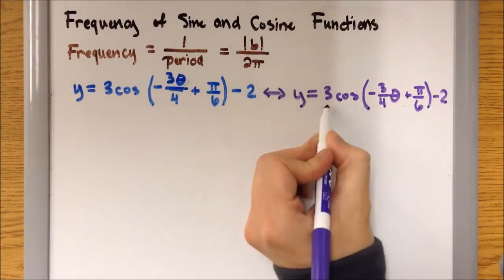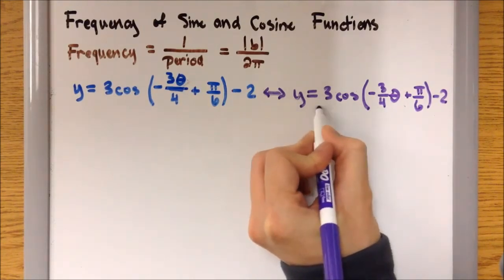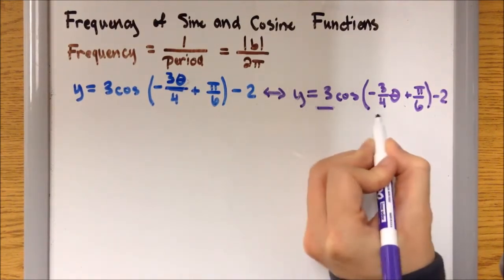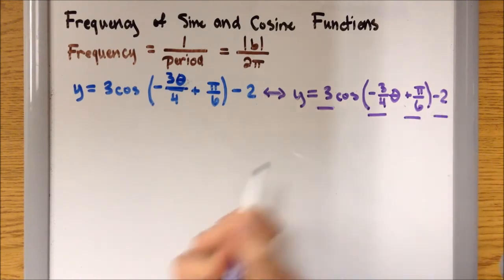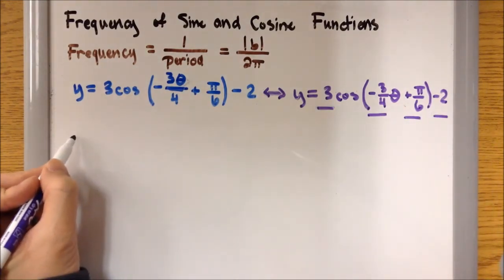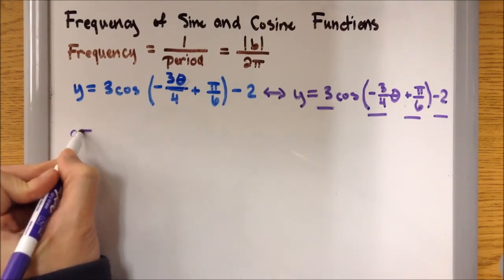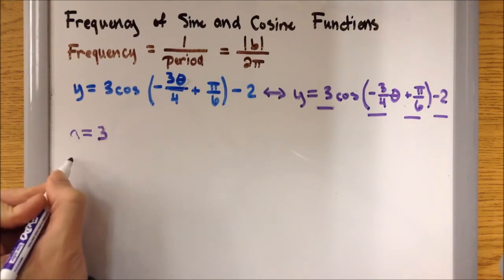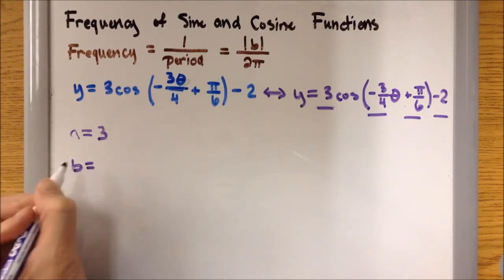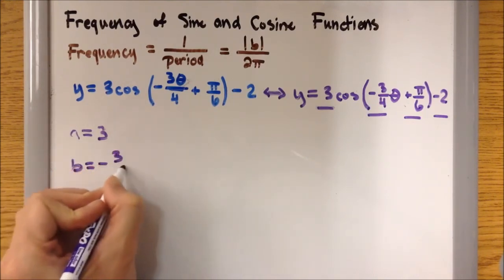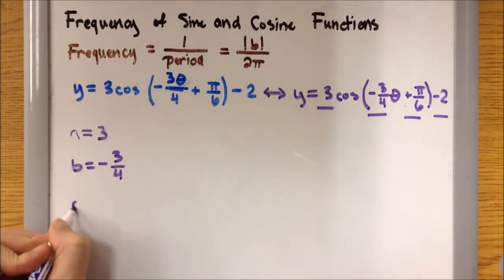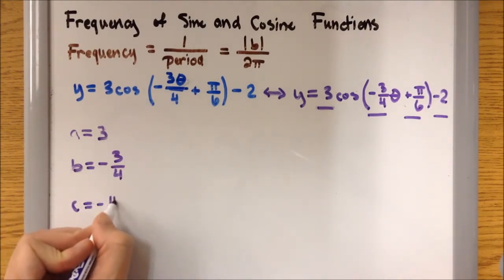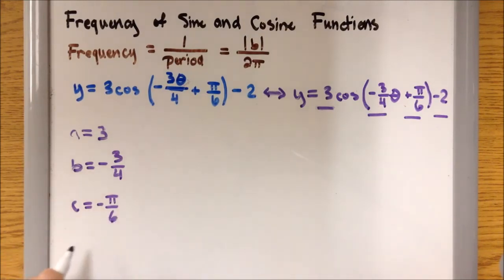So A, B, C, and D. So A is 3. B is negative 3/4. C is negative pi over 6. And then D is negative 2.